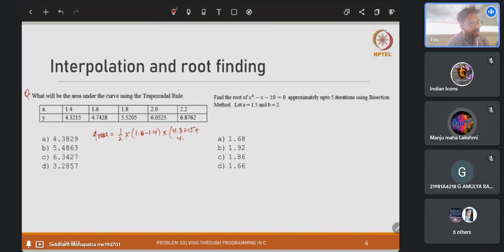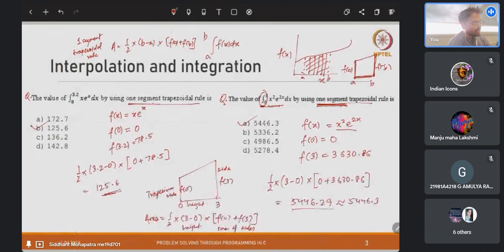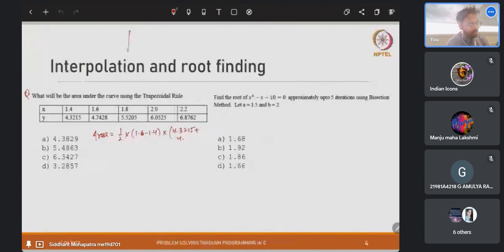No, actually here you have multiple points. There we had only a single trapezoid, so it was called a single segment trapezoid. Basically, if this is the function, we had only a single trapezoid in between them, so we considered only a single trapezoid. But in the case we are seeing here, if this is the function, we will consider this as the first trapezoid, this is trapezoid 1, this as trapezoid 2, this as trapezoid 3, and so on.